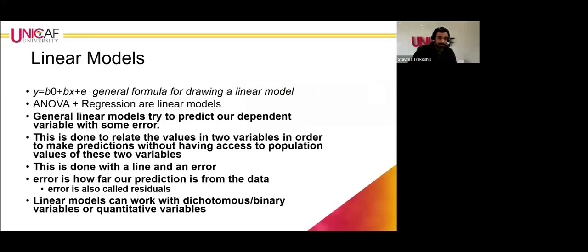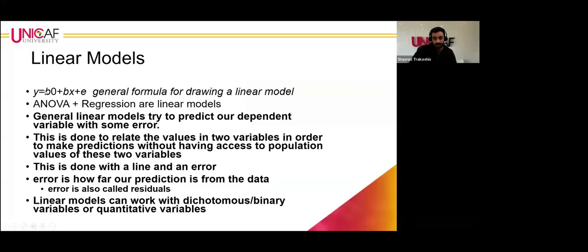Linear models, basically, are the idea that we want to describe two variables that are quantitative in nature. They are either on interval or ratio scale, or they are dichotomous.